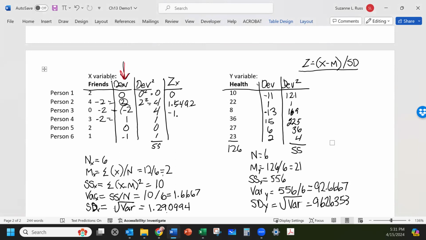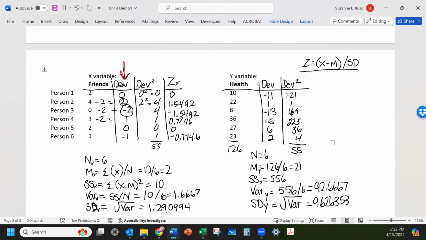So we're dividing this negative 2 by the standard deviation to get the negative 1.5492. 1 divided by 1.290994 is 0.7746. 0 again is going to be 0, and negative 1 is going to be minus 0.7746. So these are the z-scores for each of these individuals in terms of their number of friends.